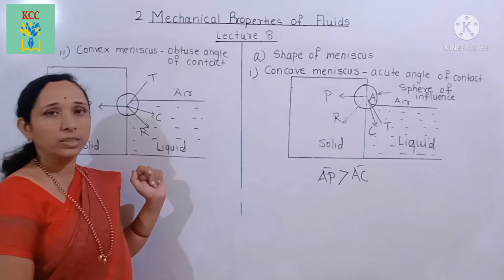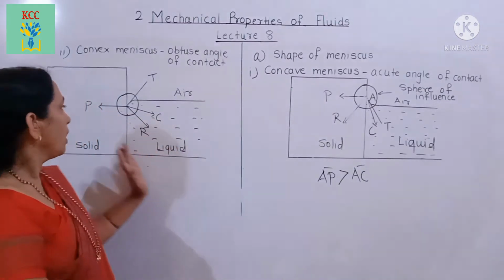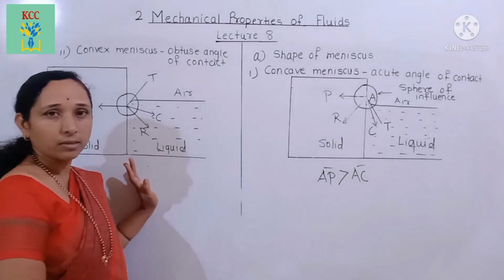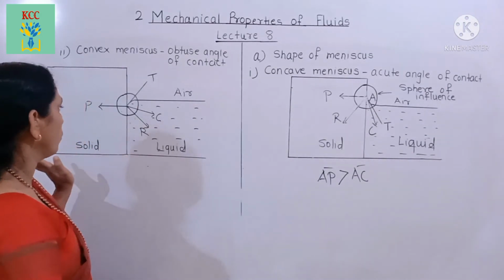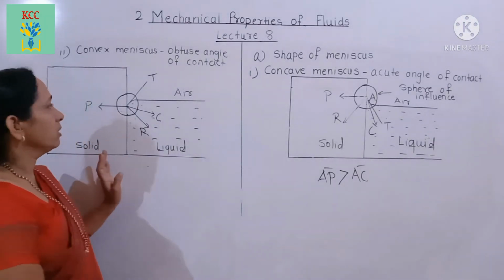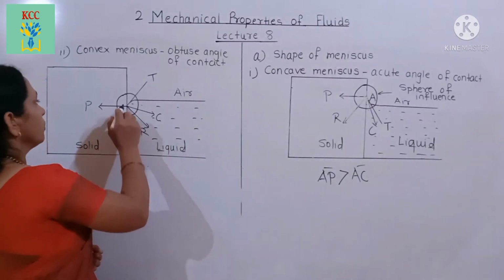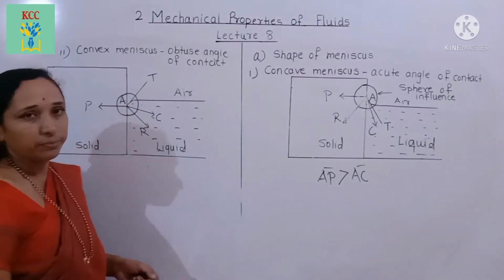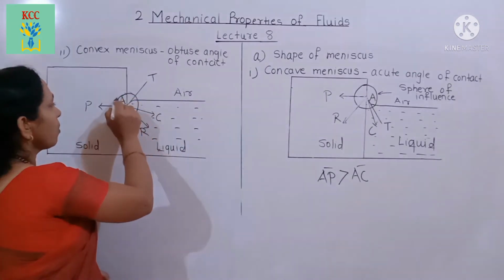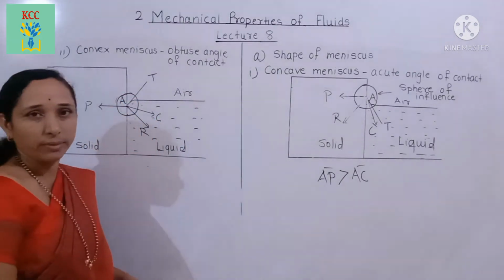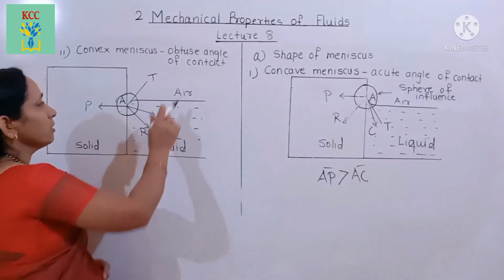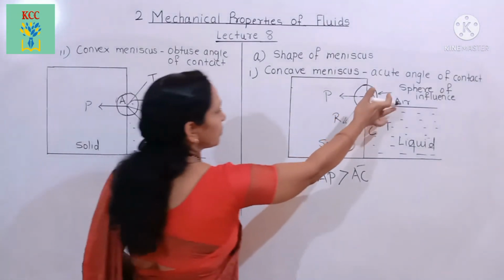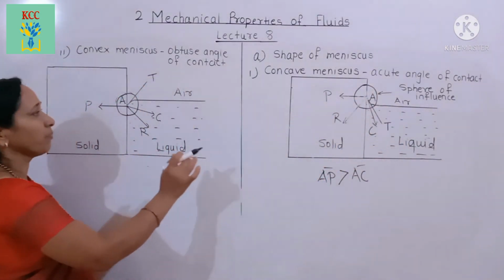Suppose this liquid is a mercury, and it is taken in a glass container, suppose a glass bottle. For this, here this is a molecule A. If we consider molecule A, this is the sphere of influence around the molecule A, and this is the air molecule, here also the air molecule, and this is the liquid.